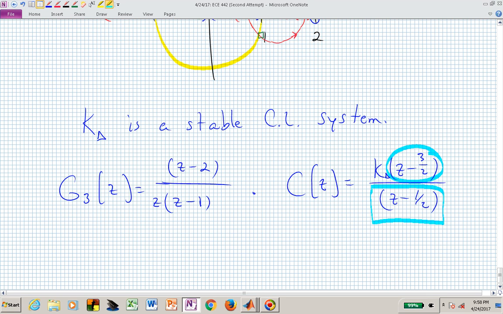Now we have the same order for our numerator and denominator in our controller. This is now a causal controller, and it's able to stabilize that original system that with just a pure gain controller was unable to be stabilized.